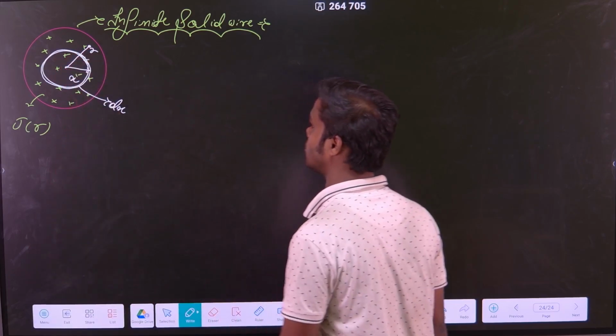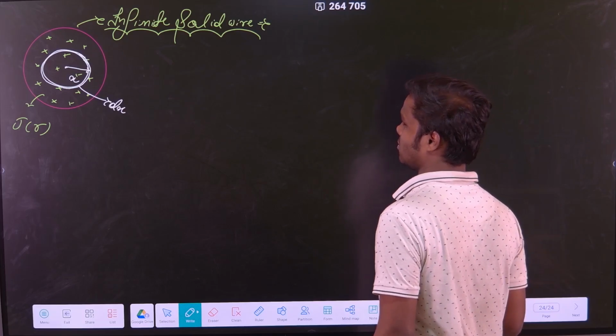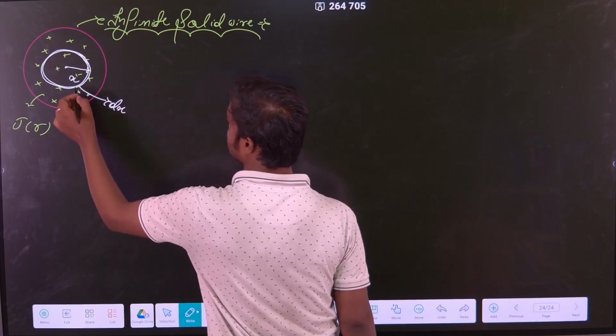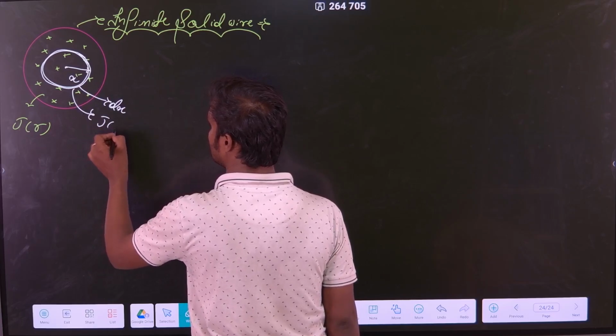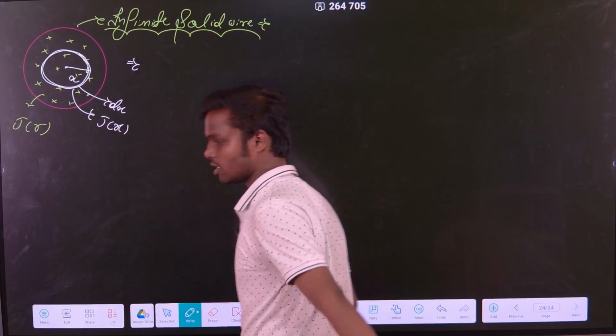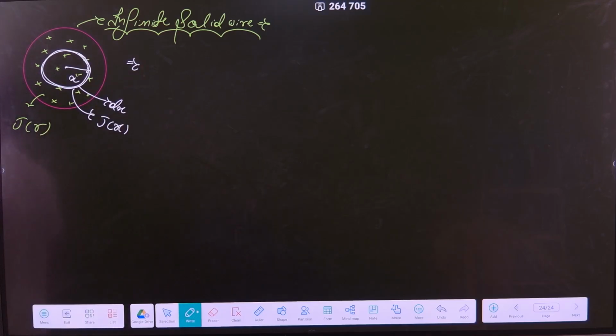Let the thickness be dx. So what is the current density in this? J(x). So if I want to write the magnetic field, what approach will you use?